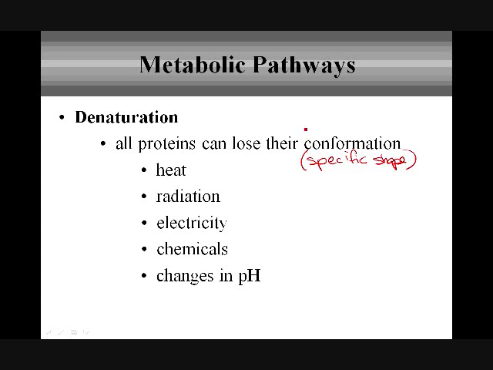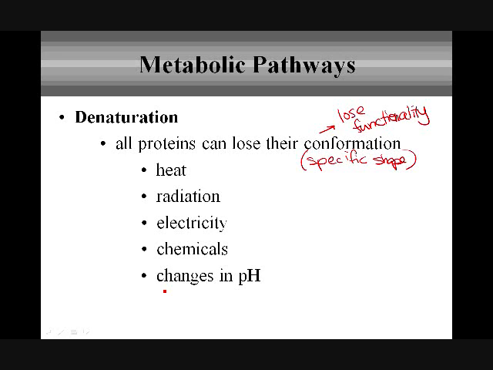So if they lose their conformation, as a result they lose their functionality, which is a huge problem, because then they can't do what they're supposed to do. Some outside elements that can denature proteins and enzymes are heat, radiation, electricity, chemicals, and pH.